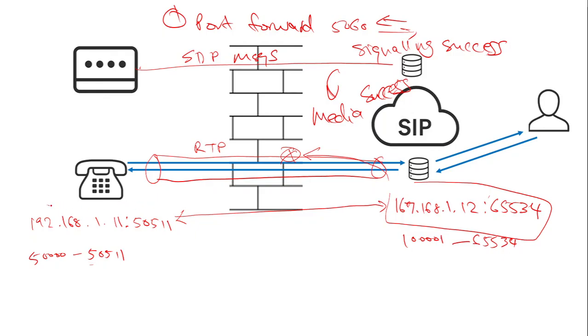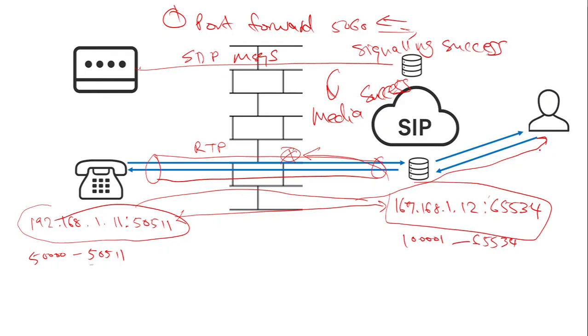Suppose the firewall is allowing this to come out and reach this banker at the bank. The bank is going to be able to hear the caller. But when the banker replies, the reply is going to be blocked by the firewall here, and there's going to be one-way audio.